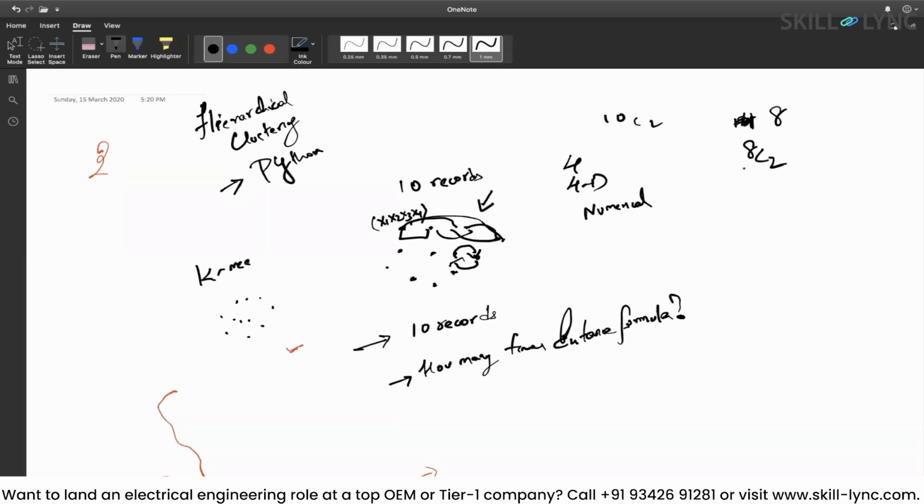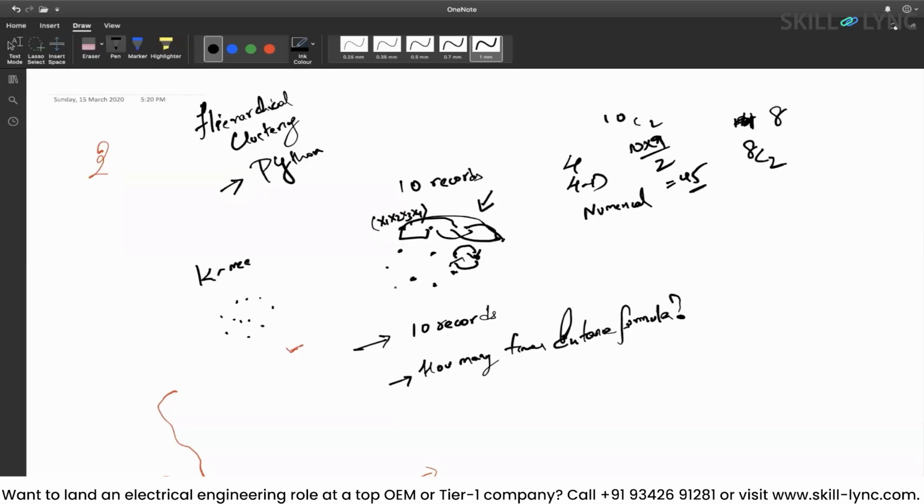Of course, they play twice with every team, but that's a different story. But if they want everyone to play among themselves in a round robin, that would be 8C2. So here also it would be 10C2, which is 10 into 9 by 2, which is 45. So this is your right answer. And yes, it's understood that this should not be repeated.